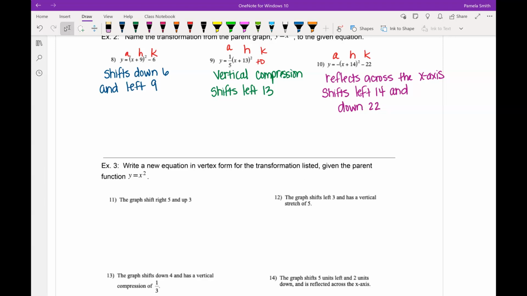Right 5. That right there tells me that h equals 5. Up 3 tells me that k equals 3.